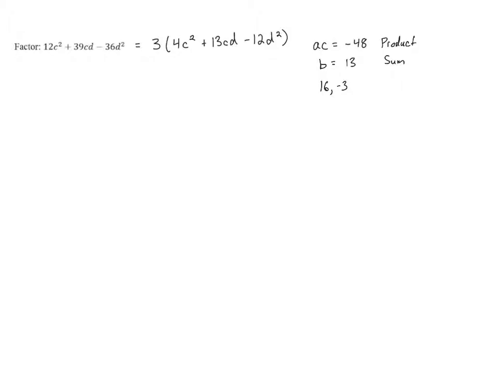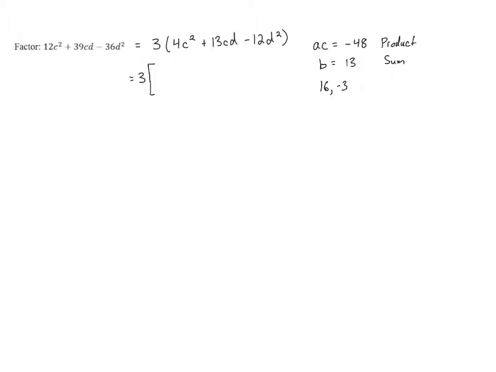So we're going to use those numbers to split the middle term, but I'm going to do a couple of things first. First, we need that GCF of 3 to stay out front. And when we use grouping, we're going to end up introducing some parentheses into the problem. So to make things a little bit more clear, I'm going to change these initial parentheses to brackets.